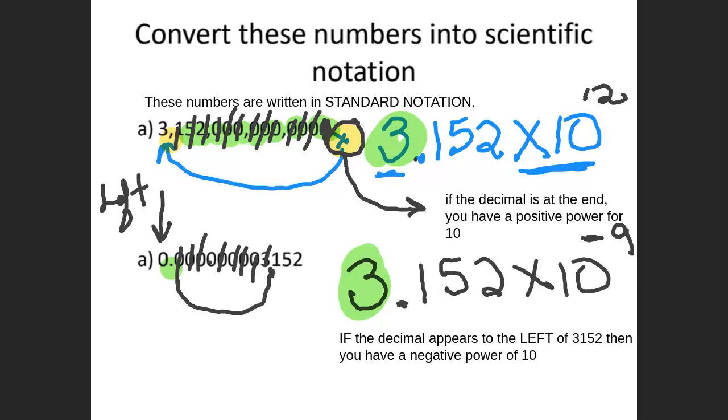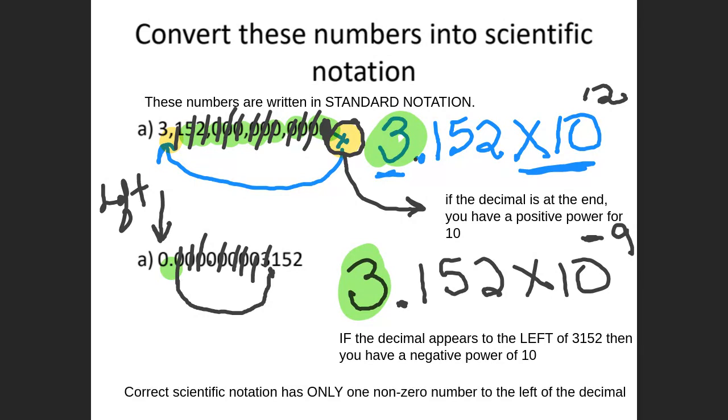Correct? Scientific notation has only one non-zero number to the left of the decimal. Only one. And also notice the decimal powers of 10 are whole numbers. They are not fractions or decimals.